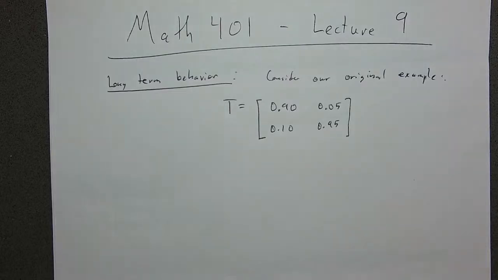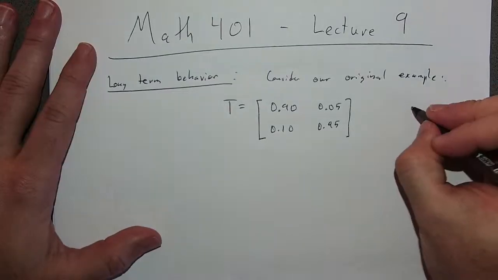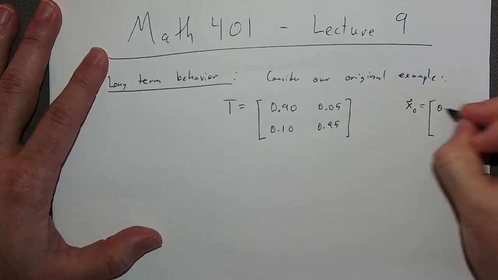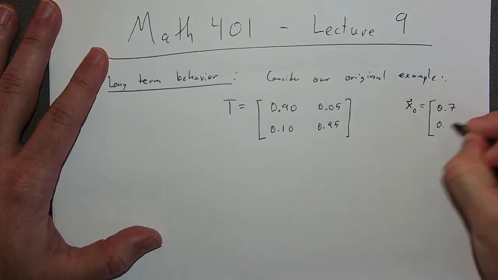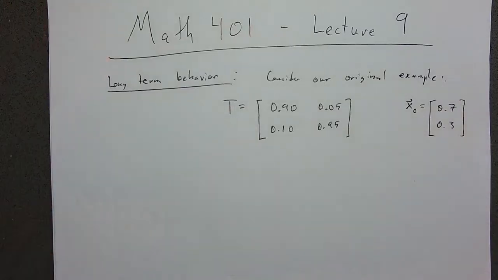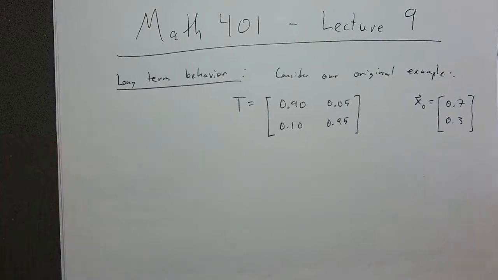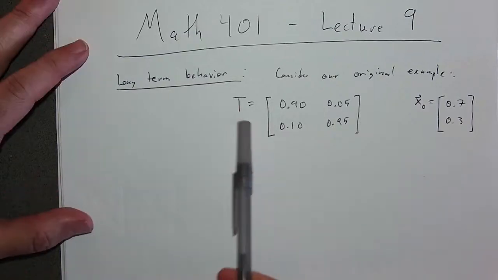And we began with an initial data vector of 0.7, 0.3.